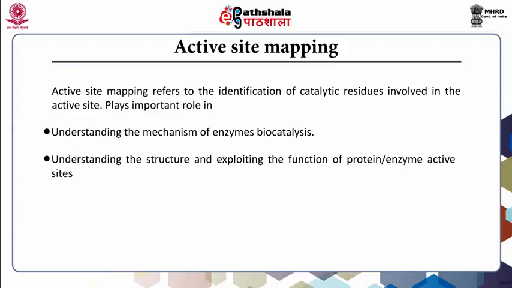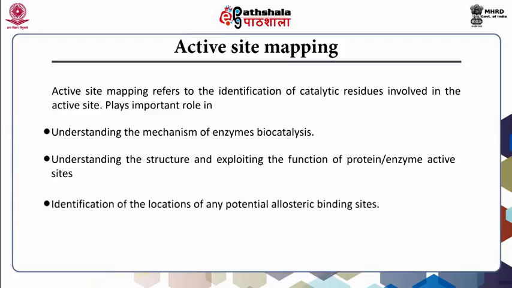The information obtained from active site mapping also finds importance in the identification of the location of any potential allosteric binding site. Active site mapping can also help support the design of new drugs such as enzyme inhibitors. In the next few slides, we'll focus on the methods used for active site mapping.